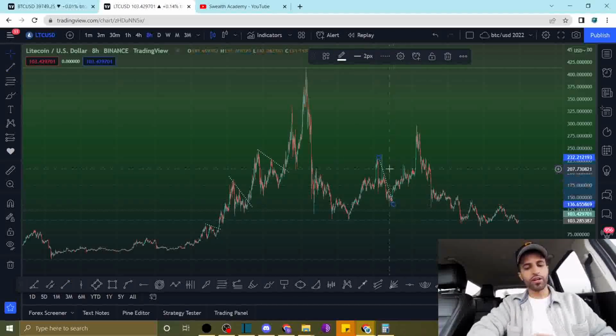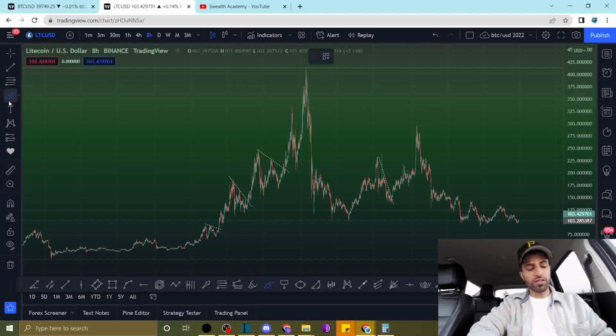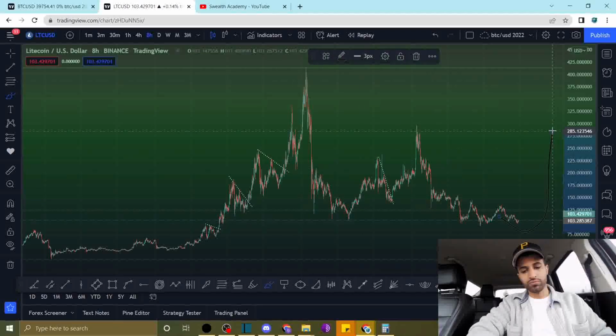Whenever price action crosses above this line, the market goes crazy parabolic to the upside and people make massive gains. I'm about to show you in just a minute when this is about to occur and how far up it's about to go.